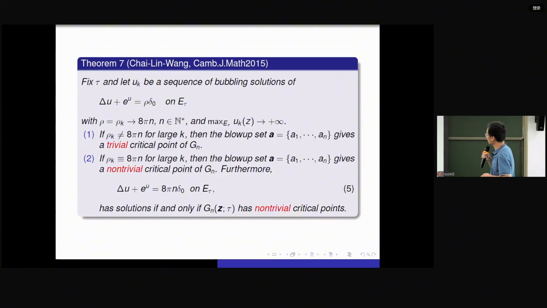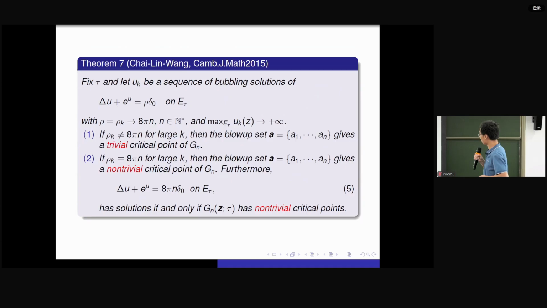So you consider u_k a sequence of solutions of this equation, and we suppose the solution sequence blows up. Then Zhijie Wang proves that if rho_k is not 8 pi times n, then the blow-up set gives a trivial critical point of the multiple Green function G_n. If rho_k equals 8 pi times n, then the blow-up set gives a non-trivial critical point of G_n.